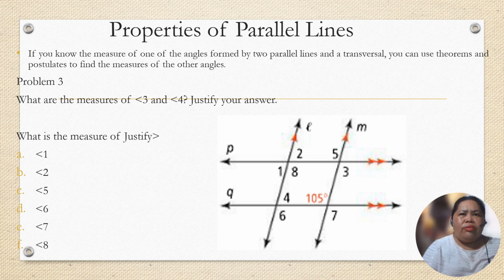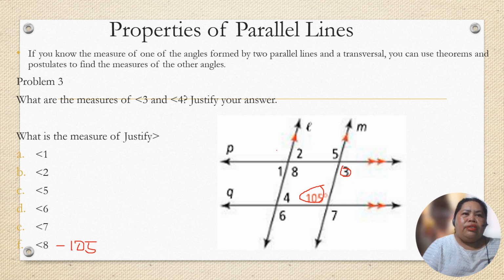Justify your answer. Angle 3 and angle 4, these are alternate interior angles, no? So alternate interior, and they carry the same measurements. Of course, if we look here, angle 8 is also equal to 105. Yes, because it's the same here.